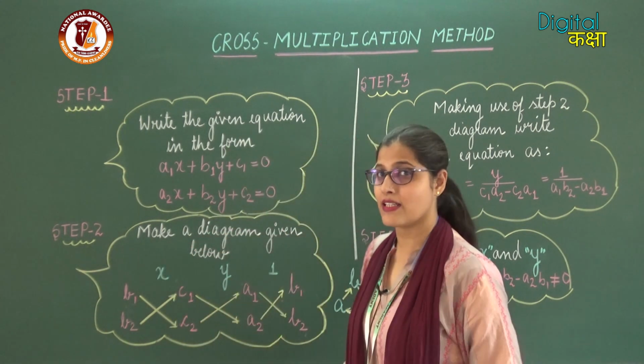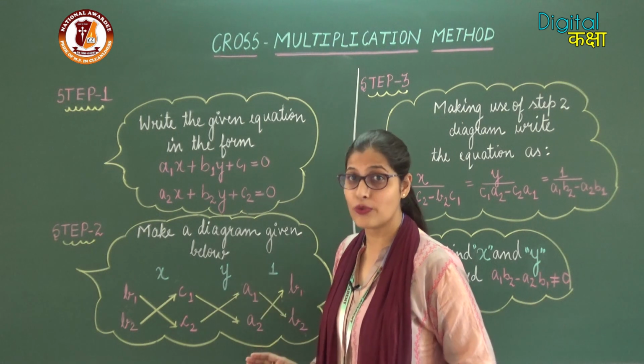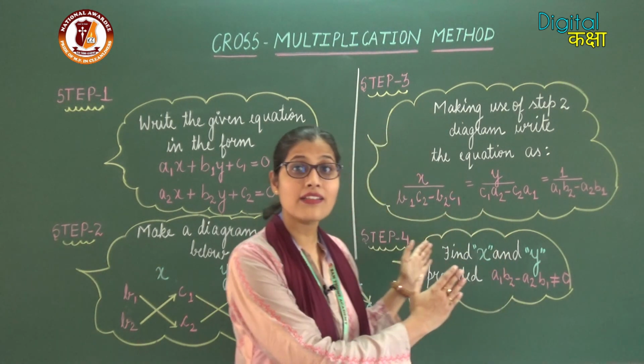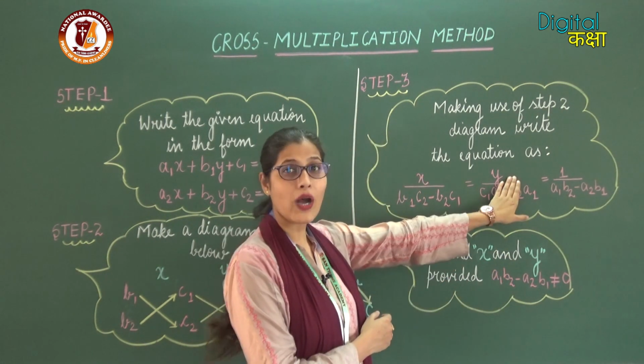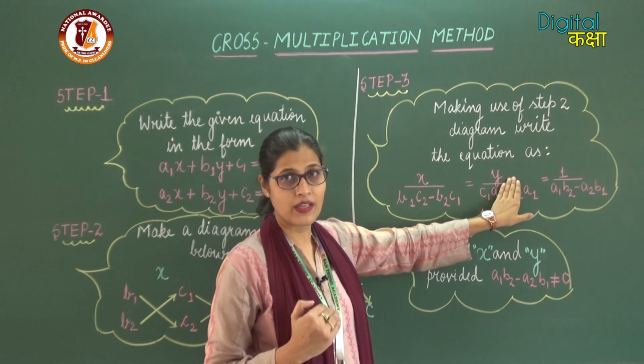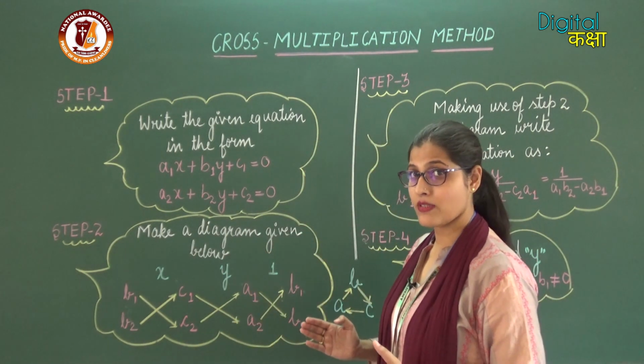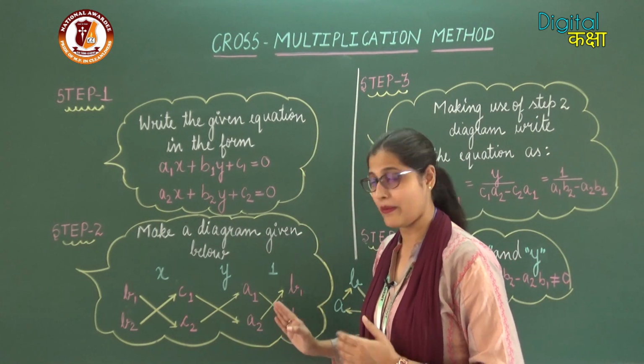Again we will write the next variable, y, as the numerator. So you can see in the third step the variable y is written in the numerator, and in the denominator we will generate the terms from the given diagram.